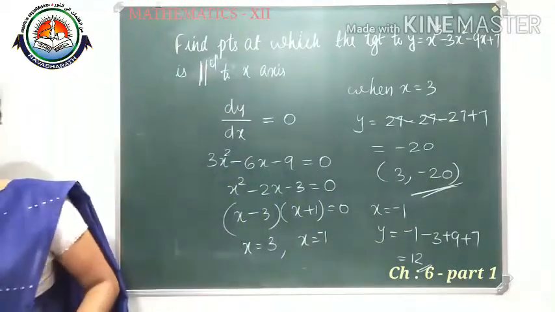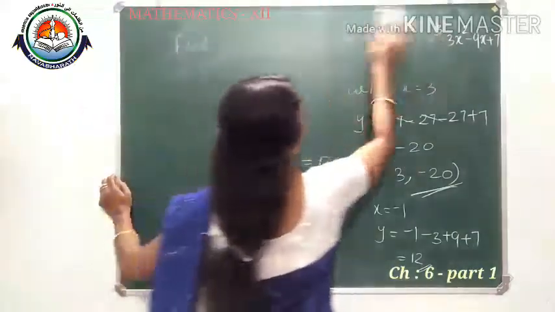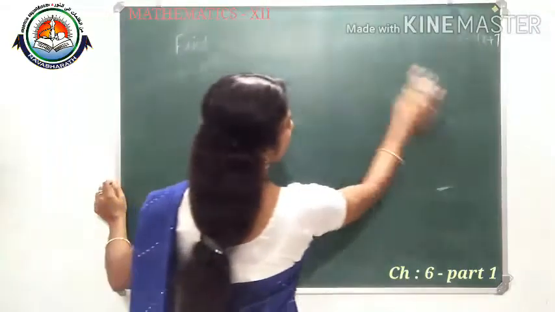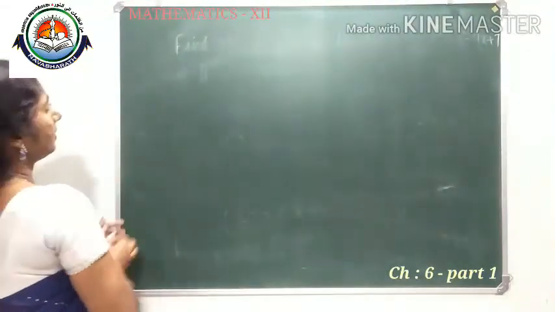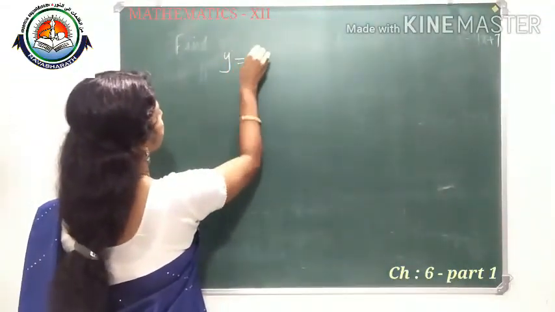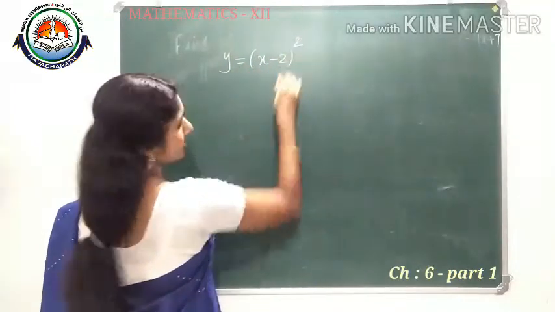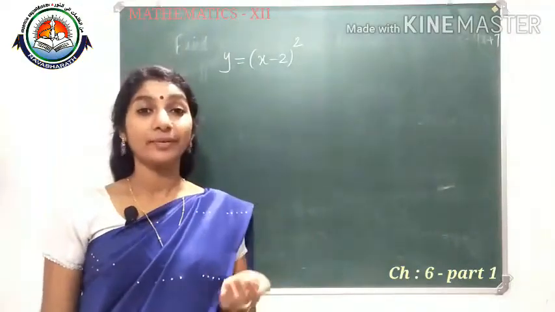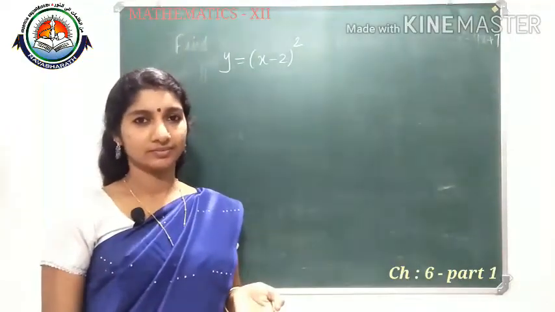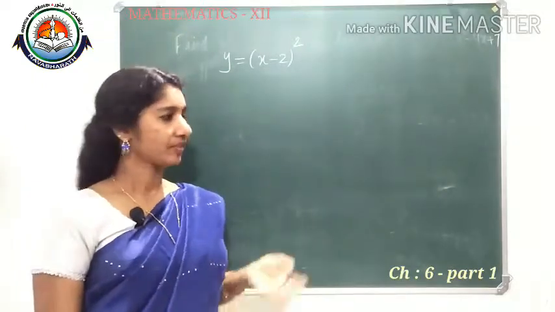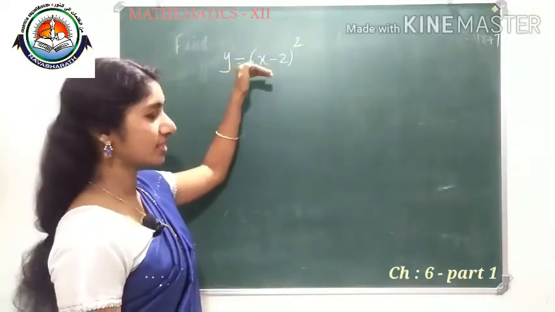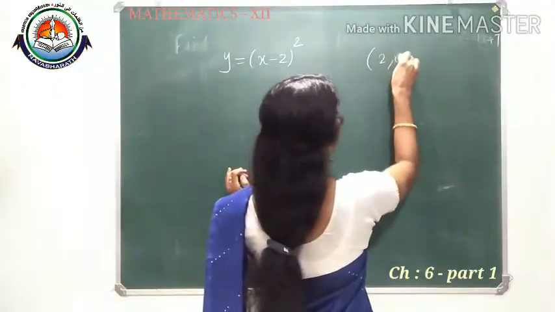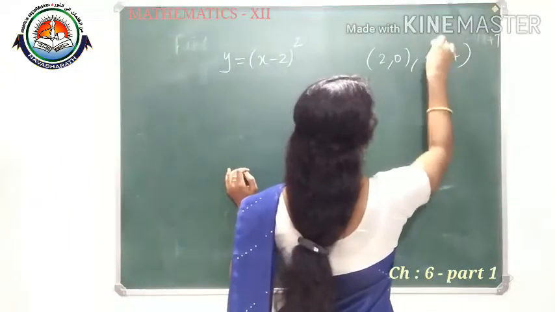Then next. Let us take this curve y equal to (x minus 2) whole square. We need to find the points at which the tangent is parallel to the chord joining 2, 0 and 4, 4.